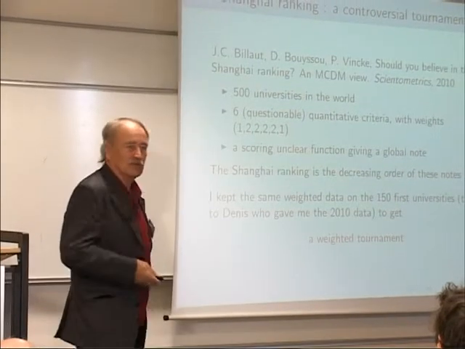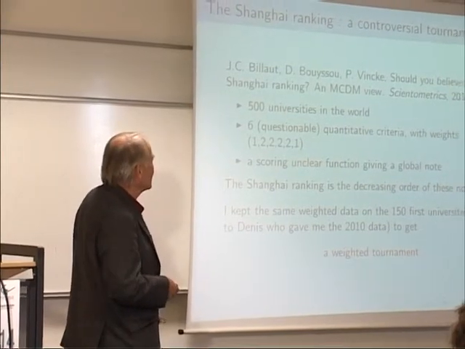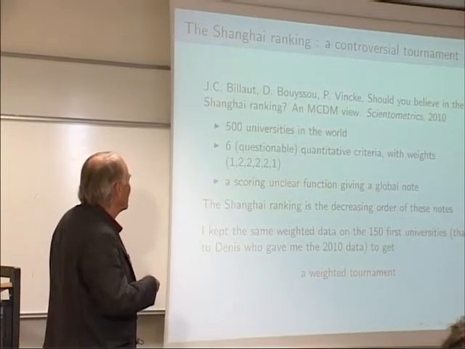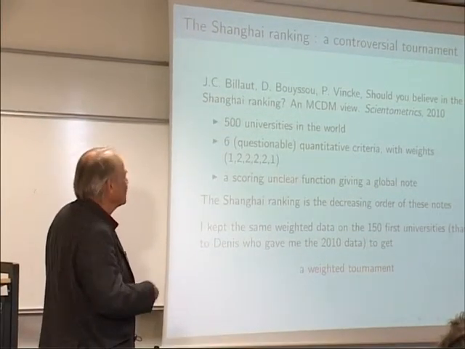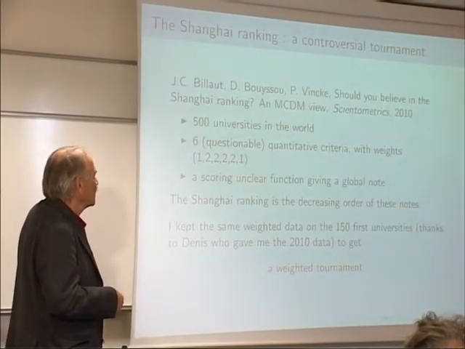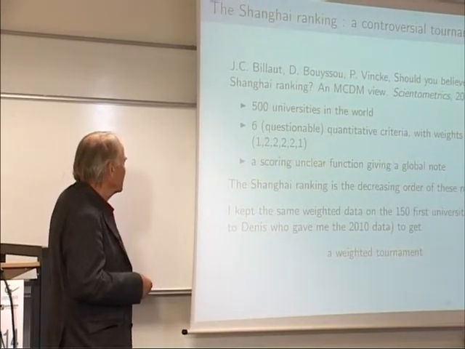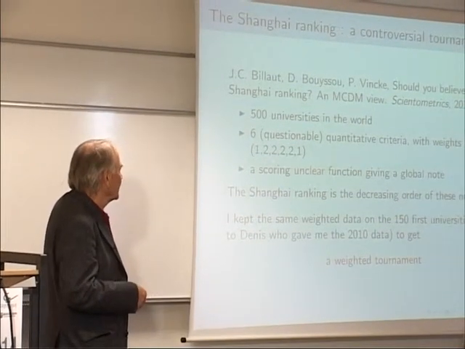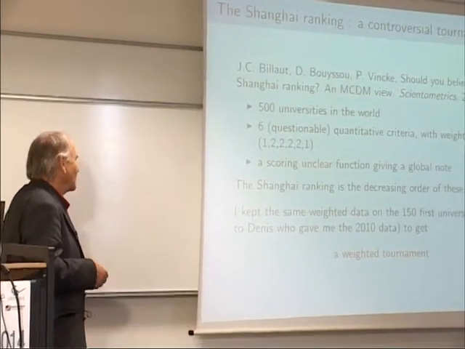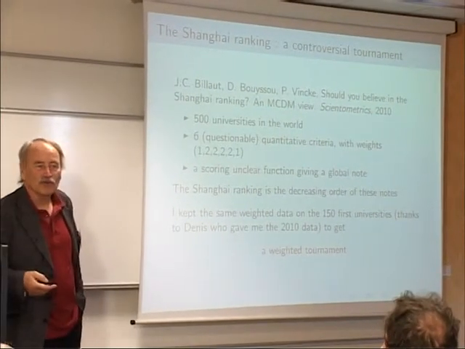Okay, just for fun, I have tested on a real data problem, the Shanghai ranking. In the Shanghai ranking you have 6 criteria with weights 1, 2, 2, 2, so it's as if we have 10, and you have 500 universities that are evaluated, and a scoring function which is not very clear on the Shanghai site, but they finally give an order of their ranking.